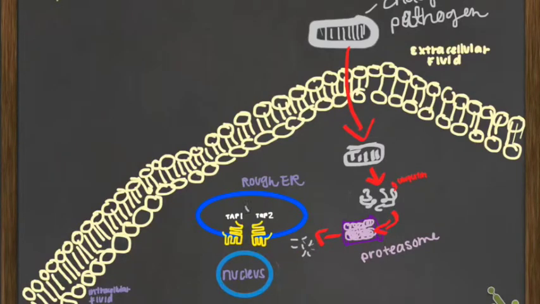Now we have these small peptides inside the endoplasmic reticulum, which can actually be further broken down in the ER by other enzymes. The rough ER is called rough because it has ribosomes on it, and ribosomes make proteins, which is where a lot of the structure of MHC comes from.